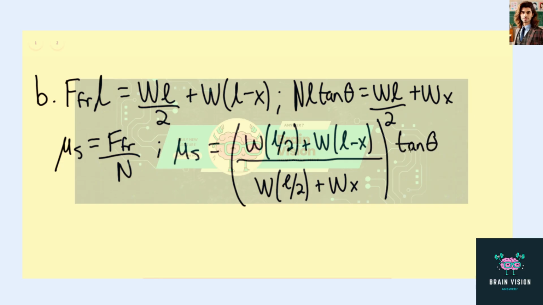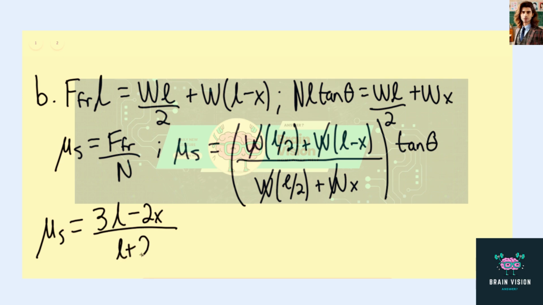So we can actually solve and say mu s is going to be equal to, once we cancel out all the weights, 3L minus 2x divided by L plus 2x, again, times tangent of theta.